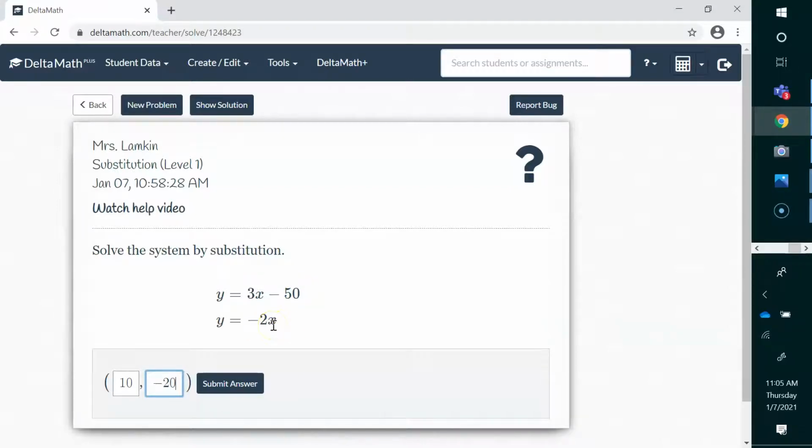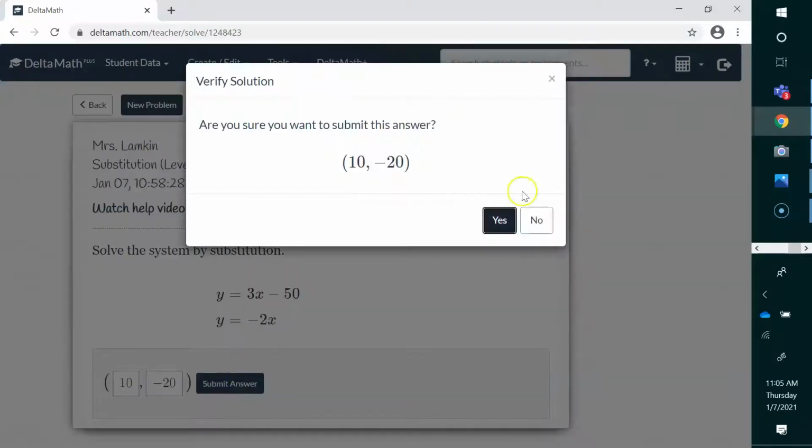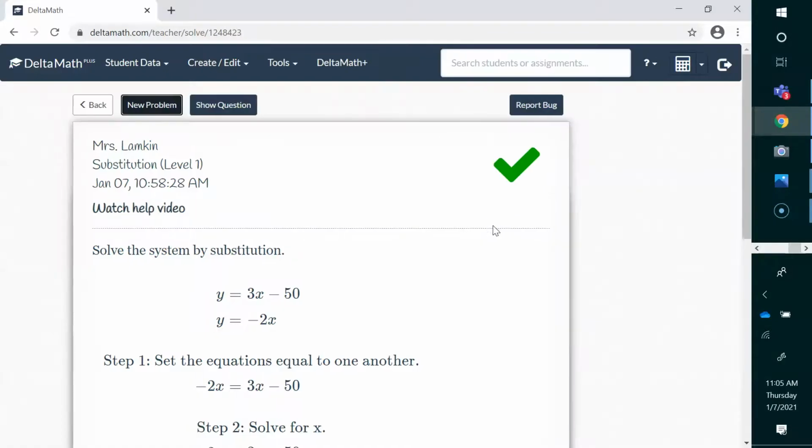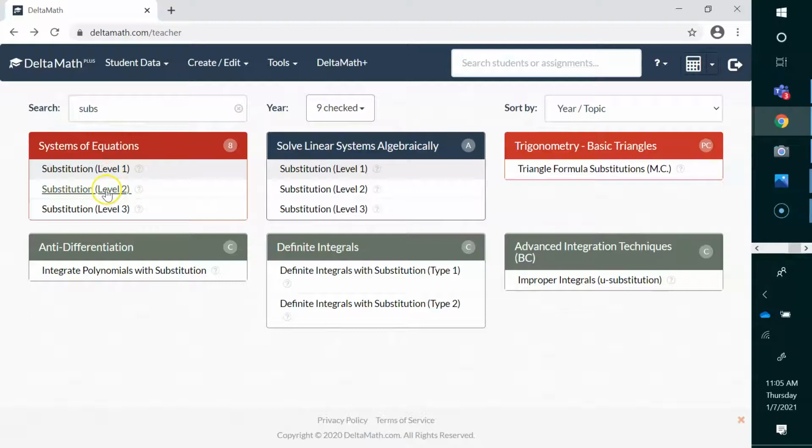What if you put the 10 here? What's negative 2 times 10? So each time you tried out the 10 in place of x, you got negative 20 for an answer. That's checking your work. So when I submit here, it's going to ask me if I'm sure, and there's our answer. Okay? That's a level 1 problem.